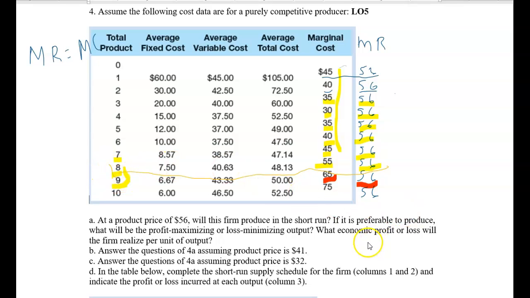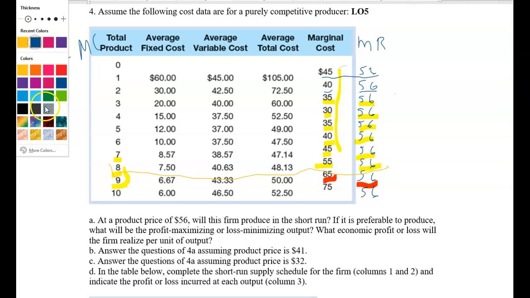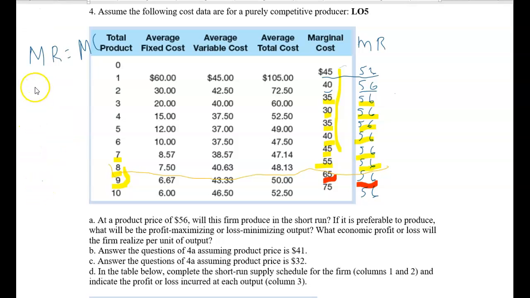Okay. What economic profit or loss will the firm realize per unit? So now what do we have to do? Now we have to pull our formulas. We know that the formula for profit is price minus average total cost.